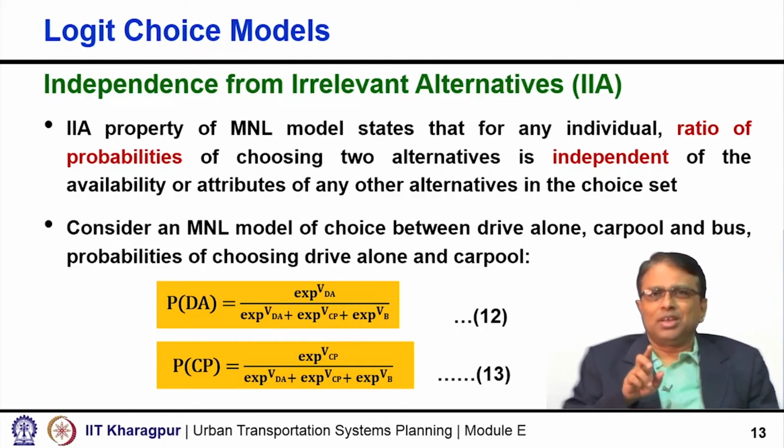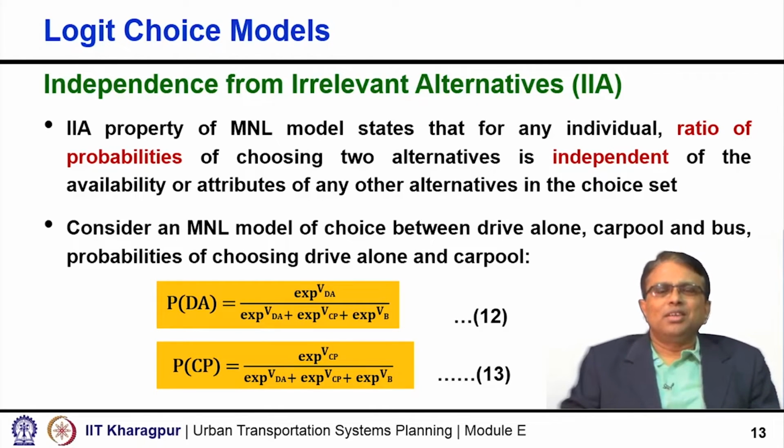It may be probability of using drive alone by probability of using carpool, probability of using drive alone by probability of using bus. The ratio of probability of choosing two alternatives is independent of the availability or attributes of any other alternatives in the choice set.